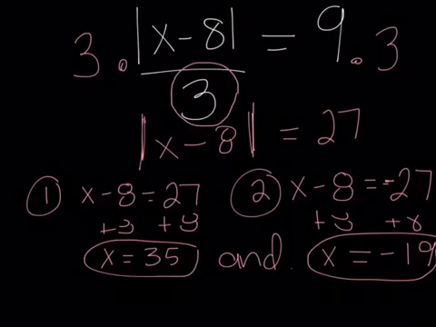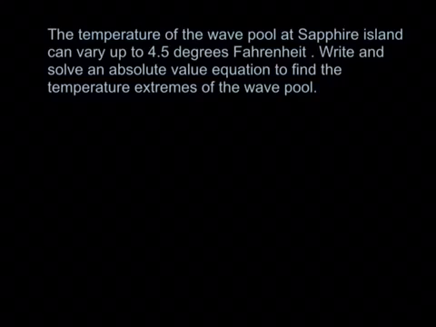Okay. Let's try a word problem and get this out of the way. So for this problem, the temperature of the wave pool at Sapphire Island can vary up to 4.5 degrees Fahrenheit from the target temperature of 82 degrees Fahrenheit. Write and solve an absolute value equation to find the temperature extremes of the wave pool.